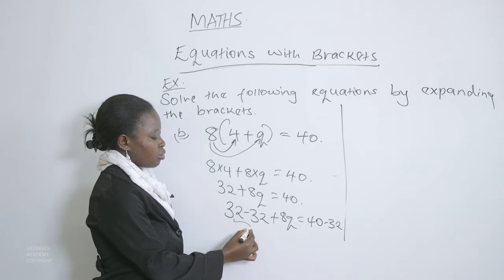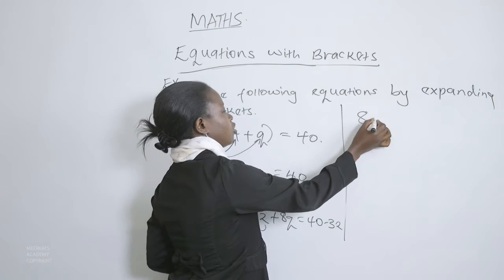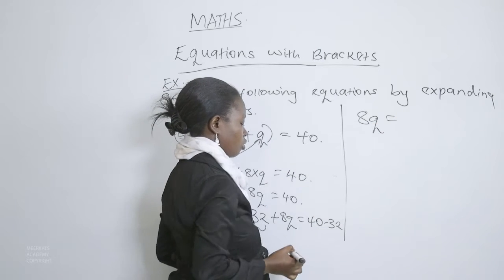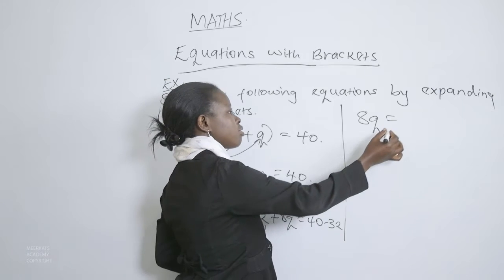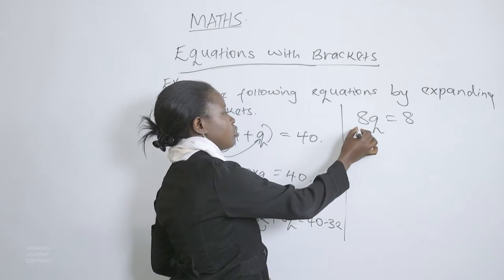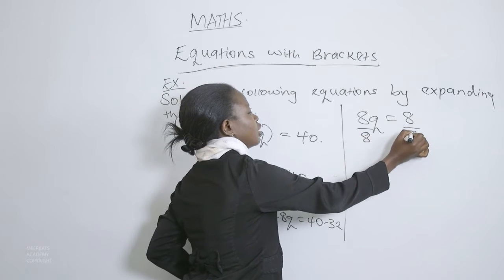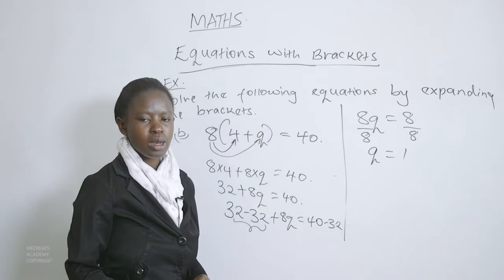So that 32 minus 32 gives us 0, and we are left with 8q will be equal to 40 minus 32 gives us 8. For us to get the value of q, we divide both sides by 8, so that we have the value of q is 1.